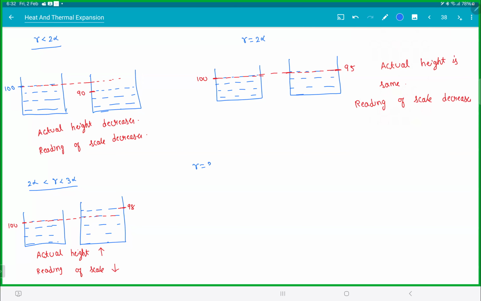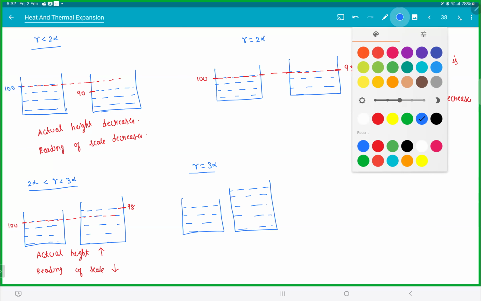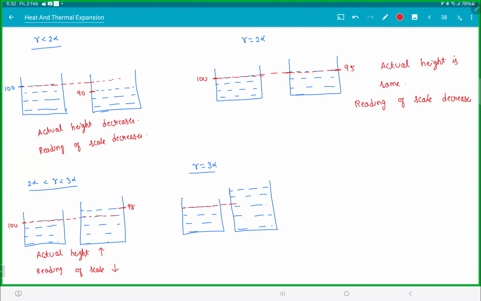If gamma is 3 alpha, the actual height increased. Now the container will also show 100.